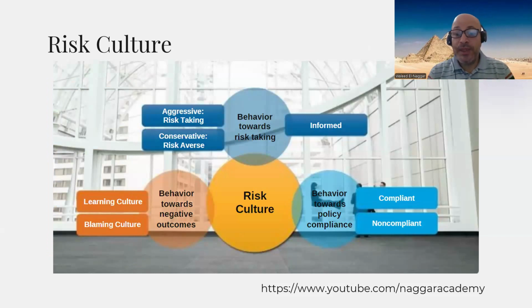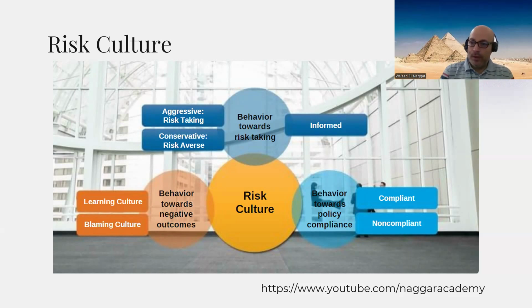So the risk culture will be studied in different aspects. If we are talking about the risk area, it could be risk-taking or risk-averse, as we said. For example, the oil industry is a risk-taking industry. How you behave towards negative outcome: some organizations start to learn.